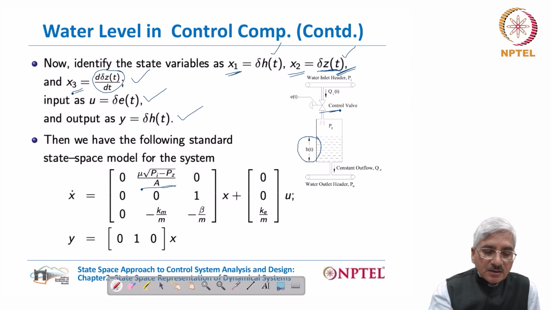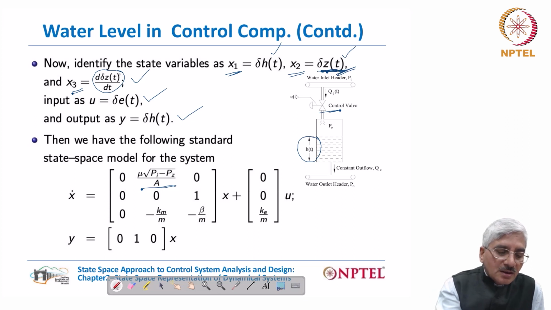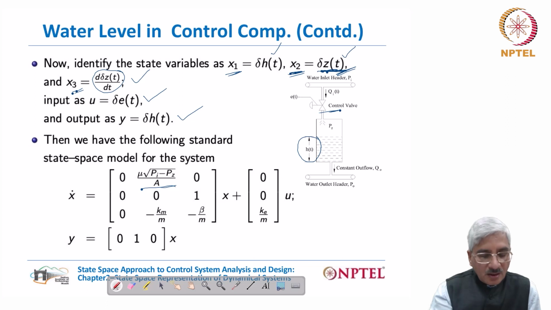The second state is the incremental change in valve position, and the third state is the incremental change in the valve speed. So we see that x2 dot is the speed, or x2 dot is x3.